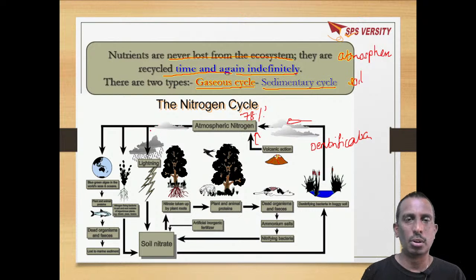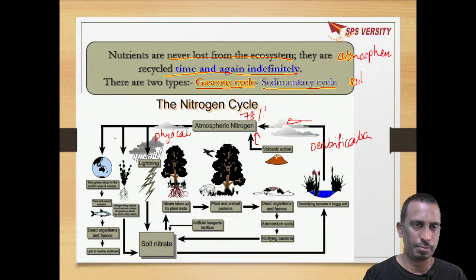During lightning and thundering, this is physical nitrogen fixation, by which nitrates are fixed and reach the soil. There is also biological nitrogen fixation, by blue-green algae in seas and oceans.